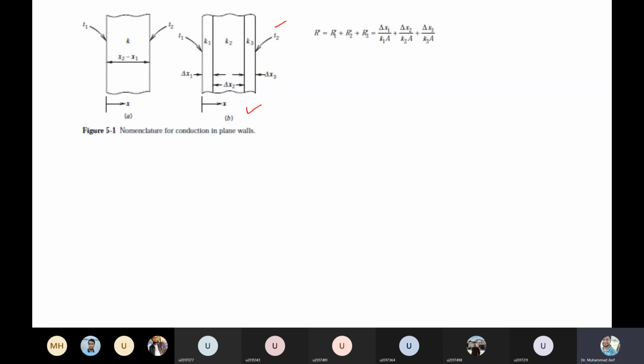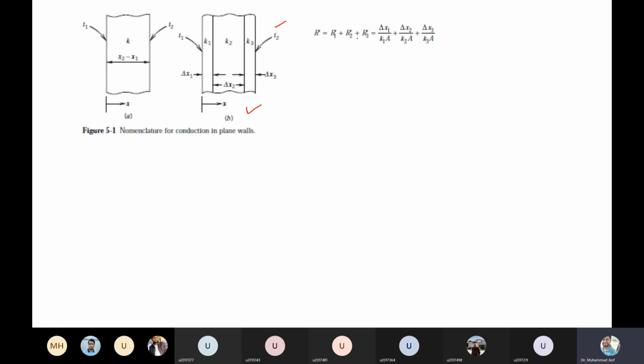In that case, we have to calculate the overall resistance of the complete wall. Since these layers are in series, it is just the sum of all the resistances in series: the resistance of the component K1, plus that of K2, plus that of K3.